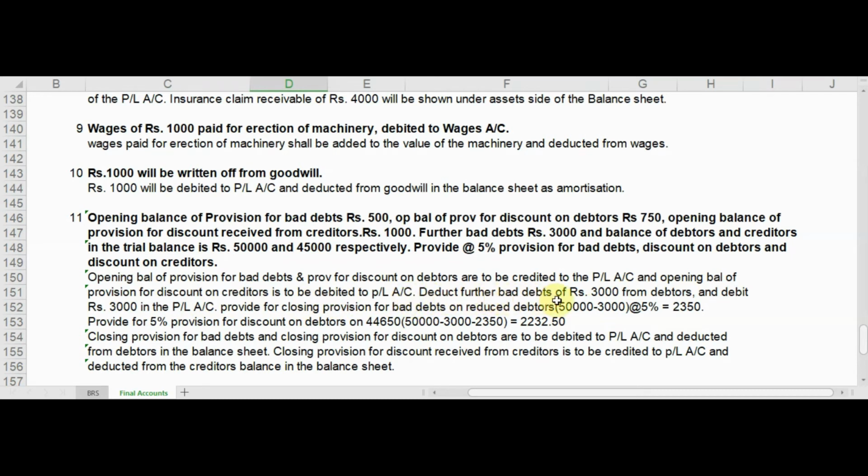Next, deduct further bad debts of rupees 3000 from debtors and debit rupees 3000 in the PL account as bad debts. Then provide for closing provision for bad debts on reduced debtors, that is 50,000 minus 3000 into 5% equals 2350. Now after we have made the closing provision for bad debts, the rest amount of debtors is good debtors which may pay me in due time.